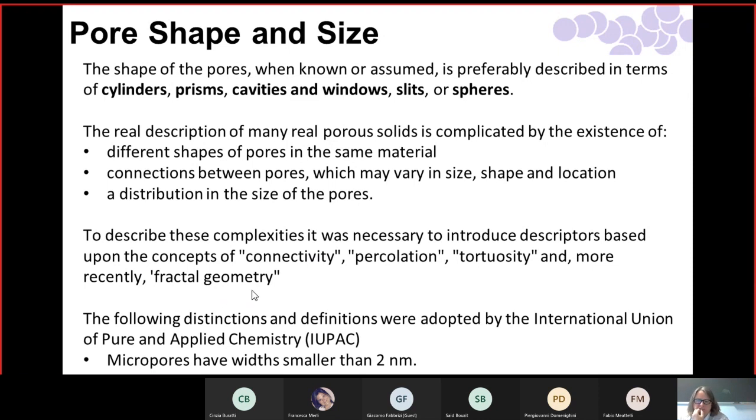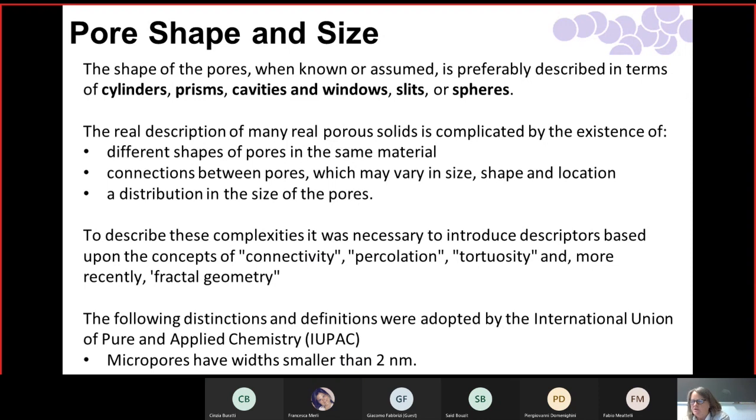The main takeaway is there's an organization called the International Union of Pure and Applied Chemistry, IUPAC. They have some, and I've got the references here. They have excellent references on measuring pore size distributions. But their official definition of the pores are those that are smaller than 2 nanometers in size, and they usually use like a diameter or a width.